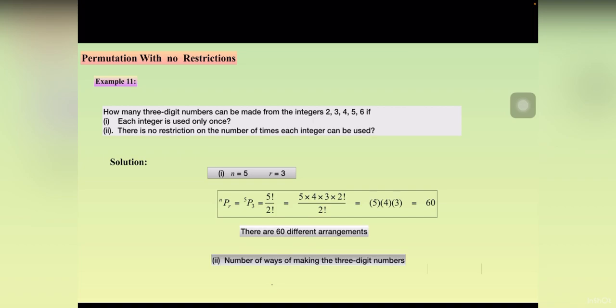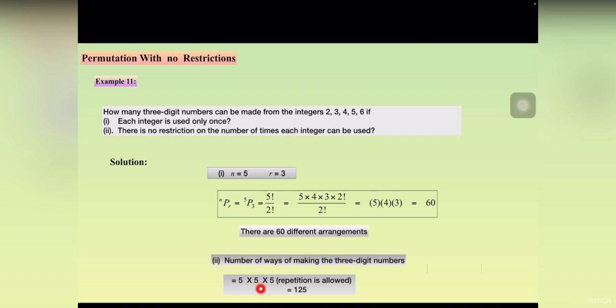Okay, part 2, number of ways of making the 3-digit numbers. Here there is no restriction on the number of times each integer can be used. So we have 5 choices, take one from these 5 choices, and then put it back before we take the second one.